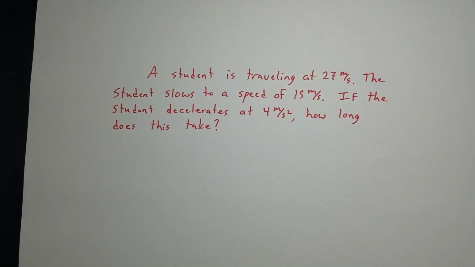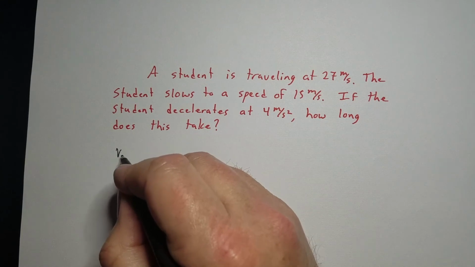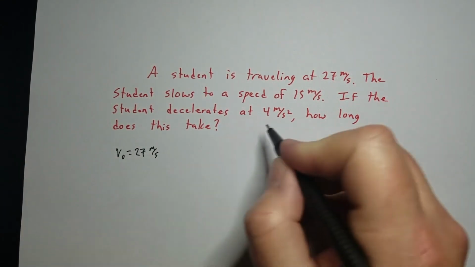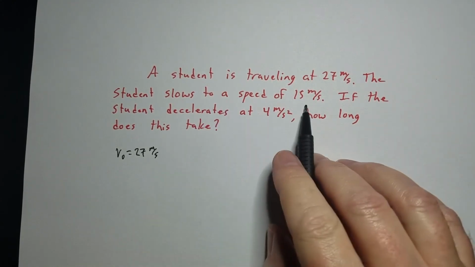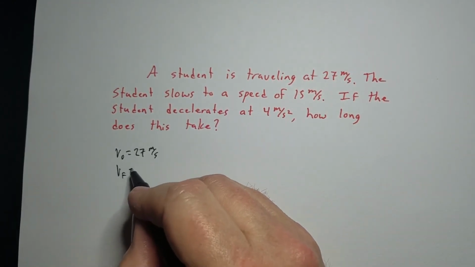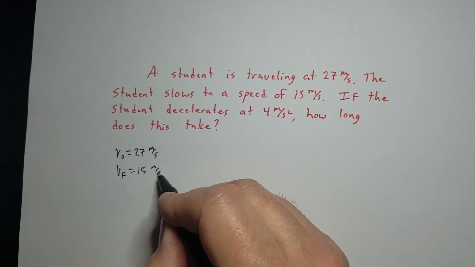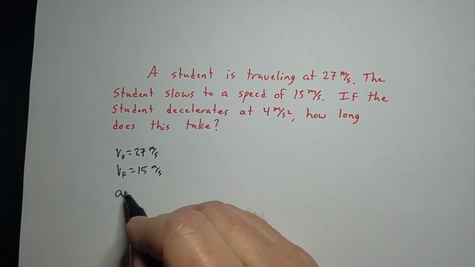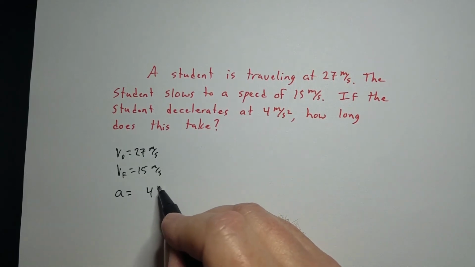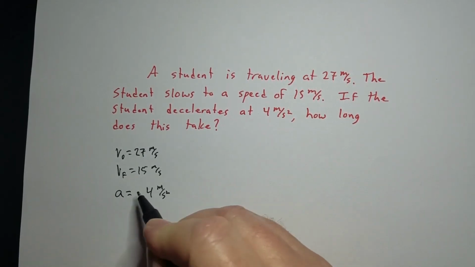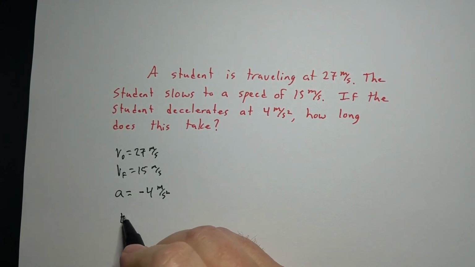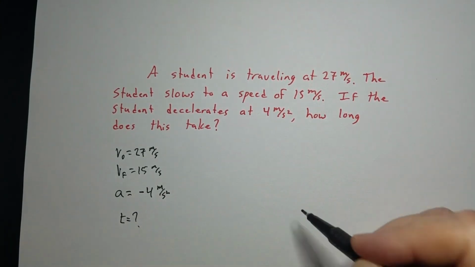So on this one, we're actually looking for time because we've got an original velocity of 27 meters per second, a final velocity, because this is what it goes to, of 15 meters per second, decelerates at 4 meters per second squared, so that acceleration is 4 meters per second squared, but since he's losing speed, he's decelerating, that makes that negative, and we're looking for time.